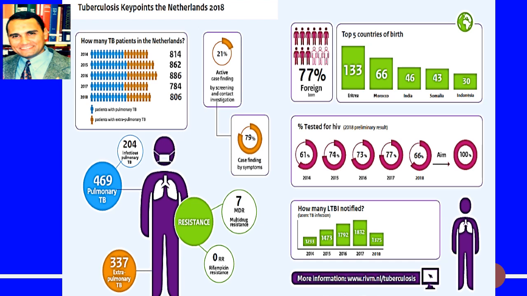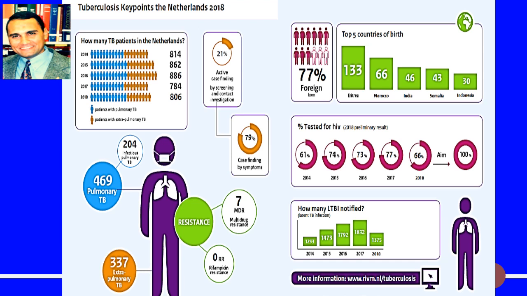This analytical epidemiology study shows the number of infected persons between the years 2014 and 2018. About 469 showed pulmonary tuberculosis and 337 showed extrapulmonary tuberculosis.